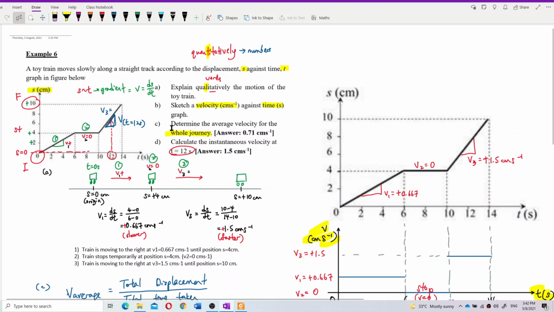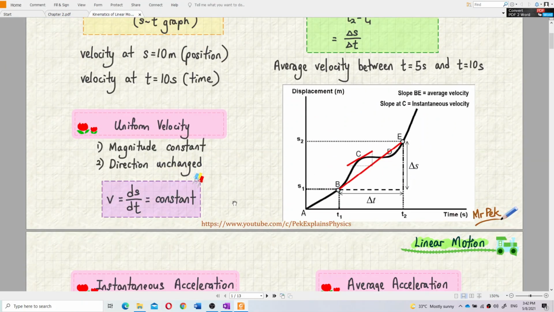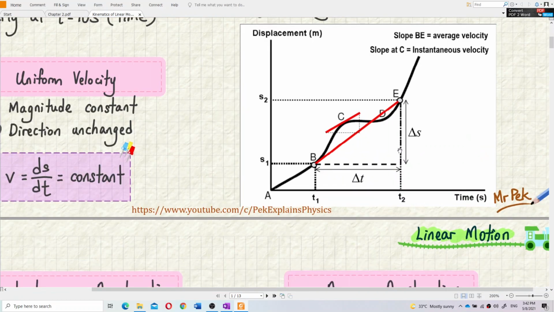So average velocity is the velocity for the whole journey. That means from this point till this point. Remember, I told you before, the difference between instantaneous and average. For this slope, this is the instantaneous, on the displacement time graph.